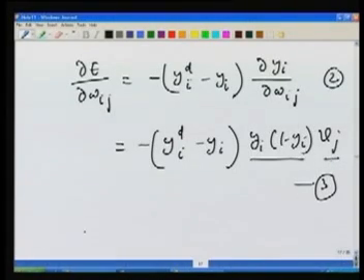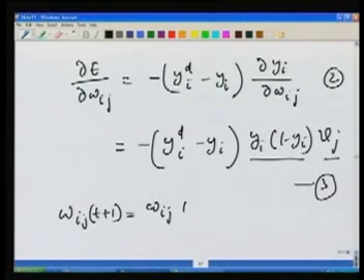So, what was our earlier update equation? w I j t plus 1 equal to w I j t plus, this was actually minus, I am making it plus because I am getting here minus eta del E upon del w I j. So, that was minus. So, here the term is minus.